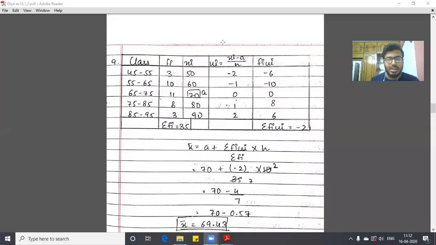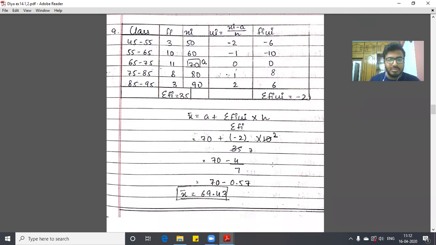Okay, so you calculate sigma fi ui is equal to -2. Then x bar is equal to a plus sigma fi ui upon sigma fi into h.